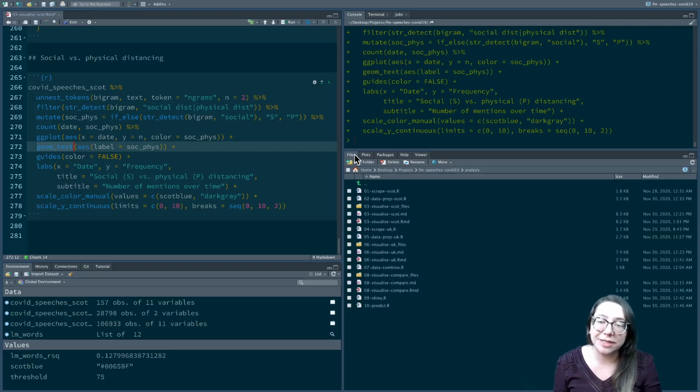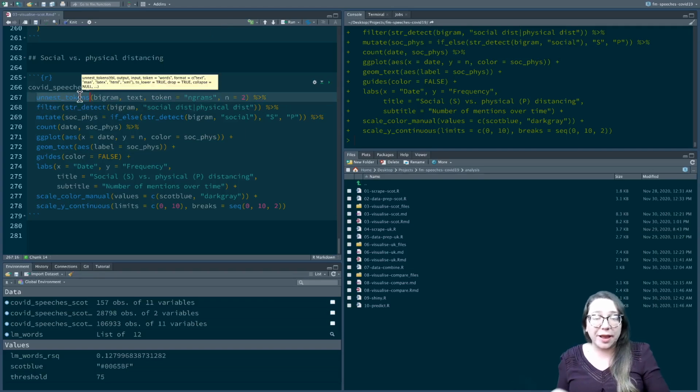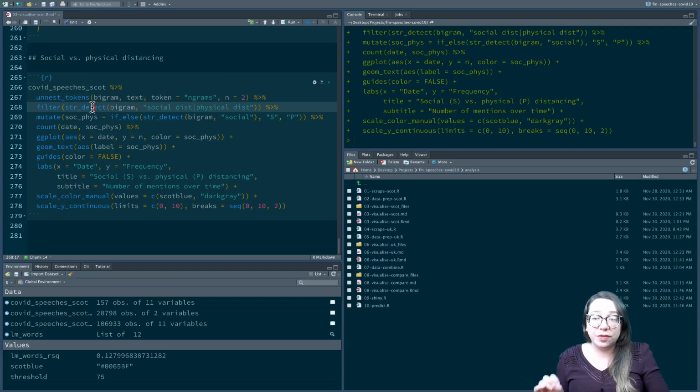And then we also did a little bit of data wrangling to take a look at this social and physical distancing thing. That's, on one hand, working with text data and basically mixing and matching our use of the tidytext package, which gives us specific text data functionality, with the stringr package, which generally allows us to work with character strings, to actually see the trends in some of the vernacular in the First Minister's speeches.